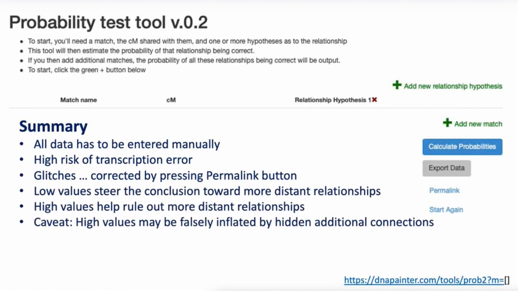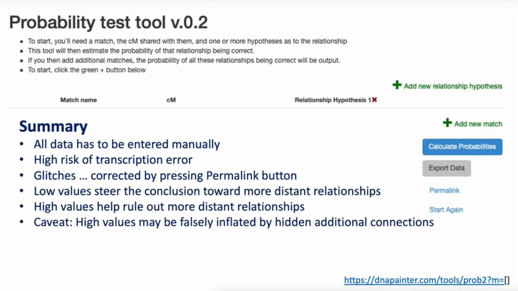So supposing, for example, my Aunt Joan was doubly connected to one of the matches that she shared a large amount of DNA with, then that particular value is going to be falsely inflated, because maybe she is a third cousin, but also she's a fifth cousin.